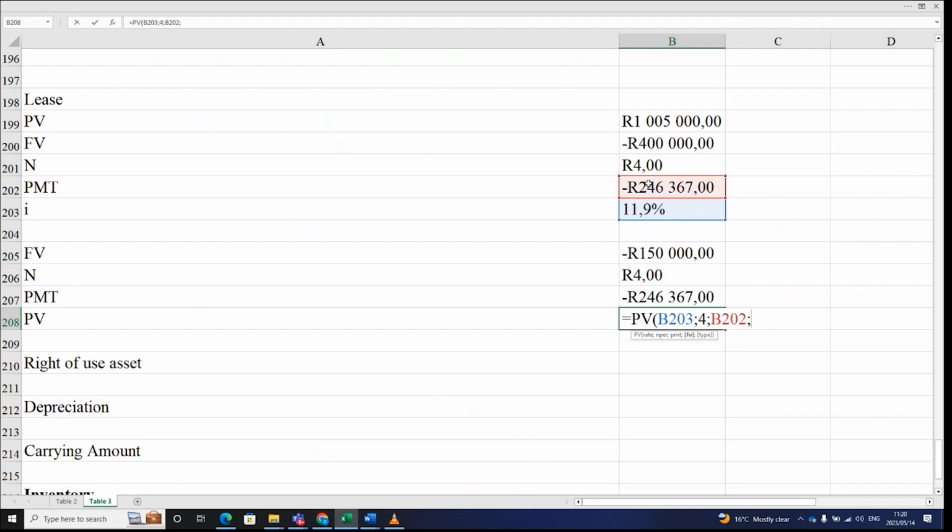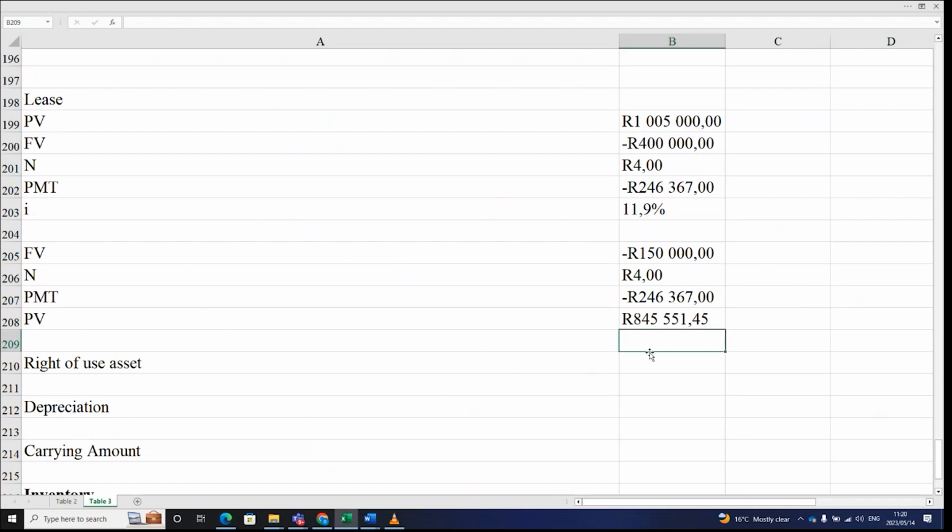All right, then the future value. Okay, and then these payments are made at the end of the period, and then boom, we've got our liability. Okay, lease liability.